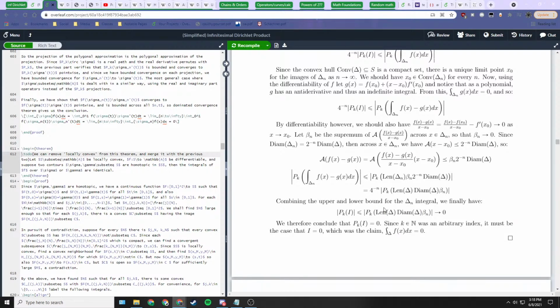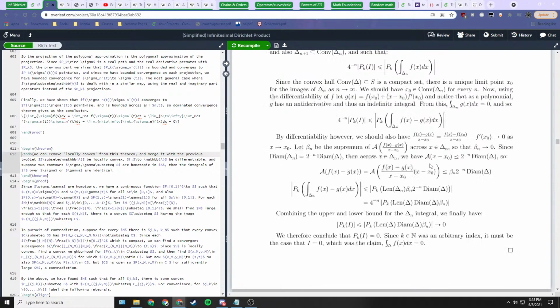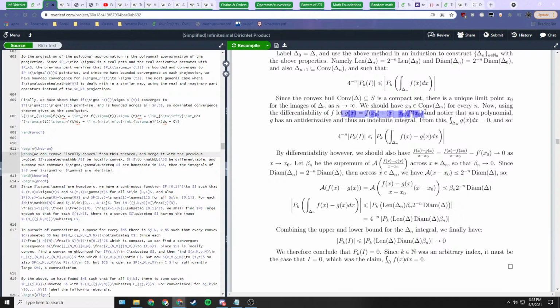And the idea was that as we decrease the diameter and the perimeter, the difference between the value of this function f and its linear approximation, which we had labeled g, if we take this integral, should be decreasing sublinearly with the diameter.